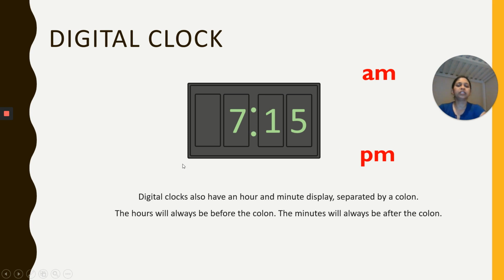So the digital clock has an hour and a minute display. The hours and the minutes are separated by two dots called a colon. The hours are always on this side of the colon and the minutes on this side of the colon.